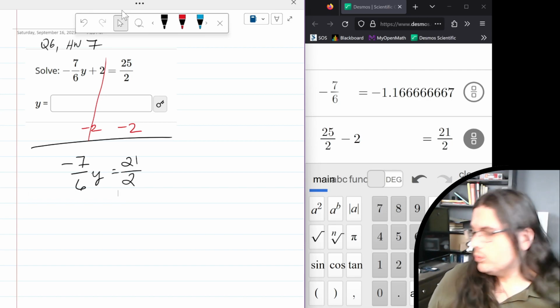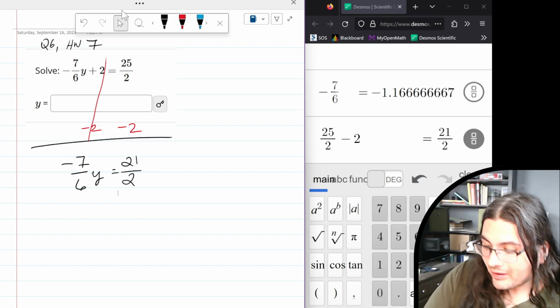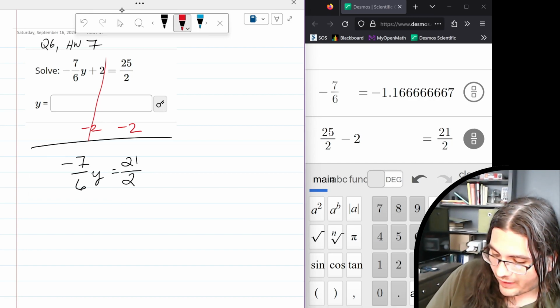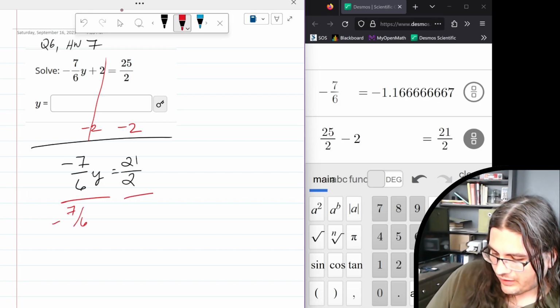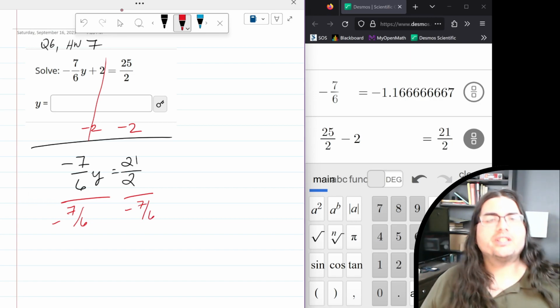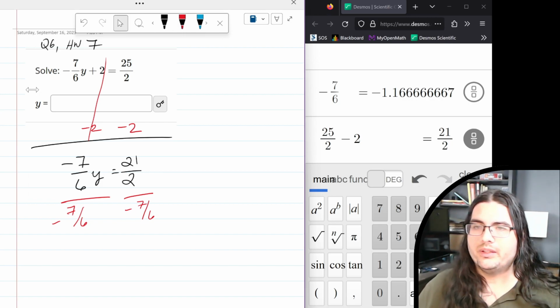-7/6 y equals 21/2. And as weird as this sounds, I'm about to divide by a fraction. -7/6. And oh my gosh, look at this. It's a fraction divided by a fraction. How am I going to enter something like that into my Desmos calculator?